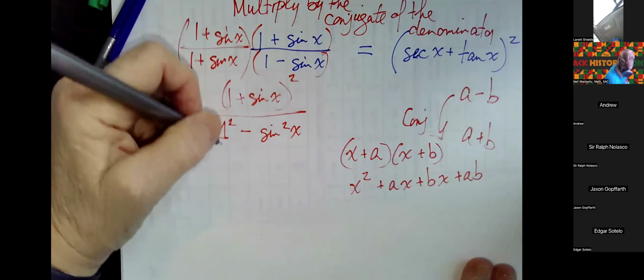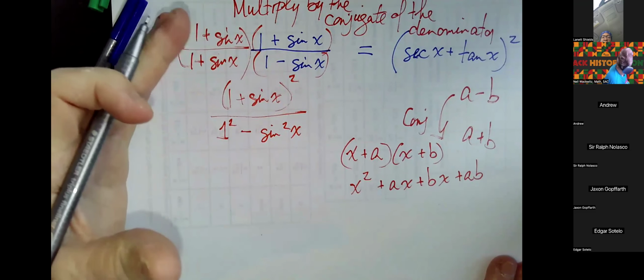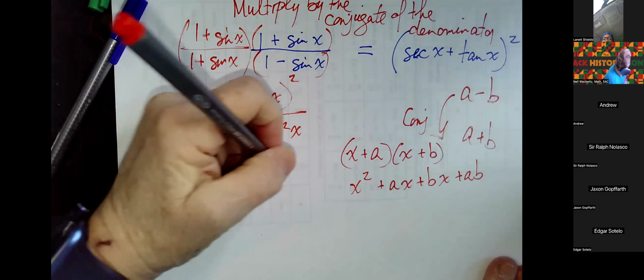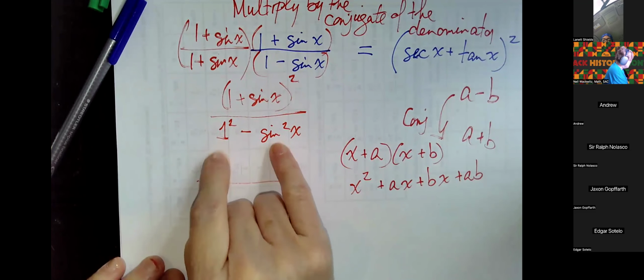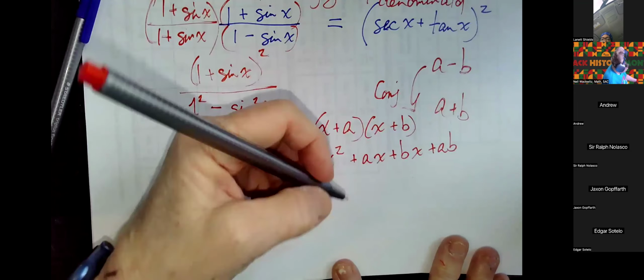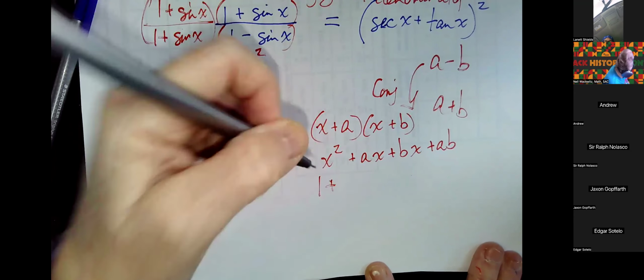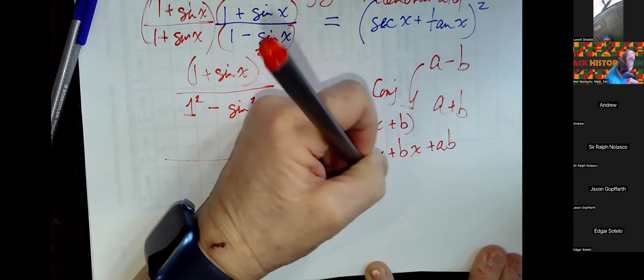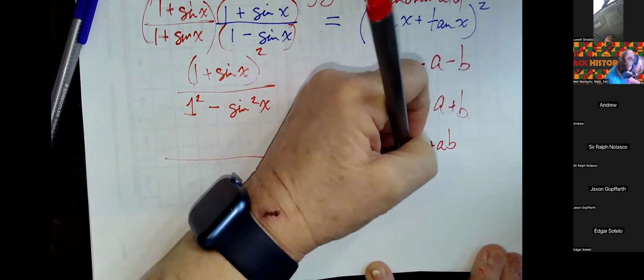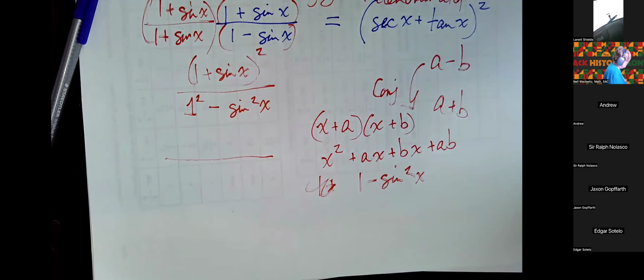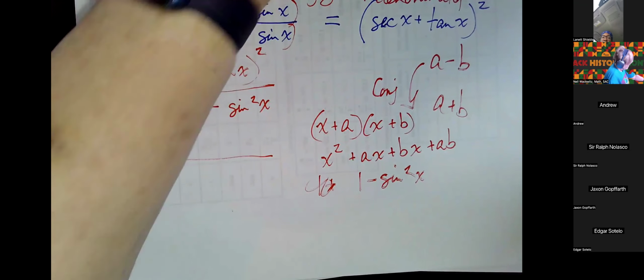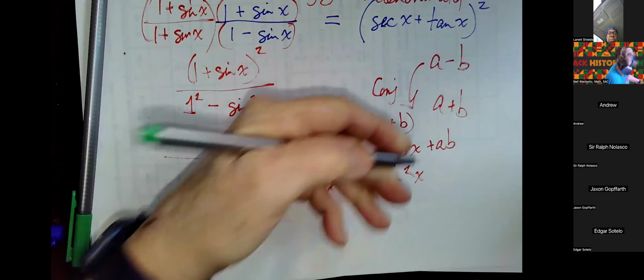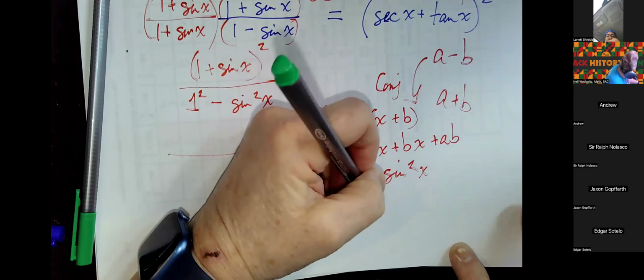So let's just look at the denominator. What is the Pythagorean identity that allows me to replace 1 minus sine squared x with something? Cosine squared. Yes, exactly. And what is it called, that identity?